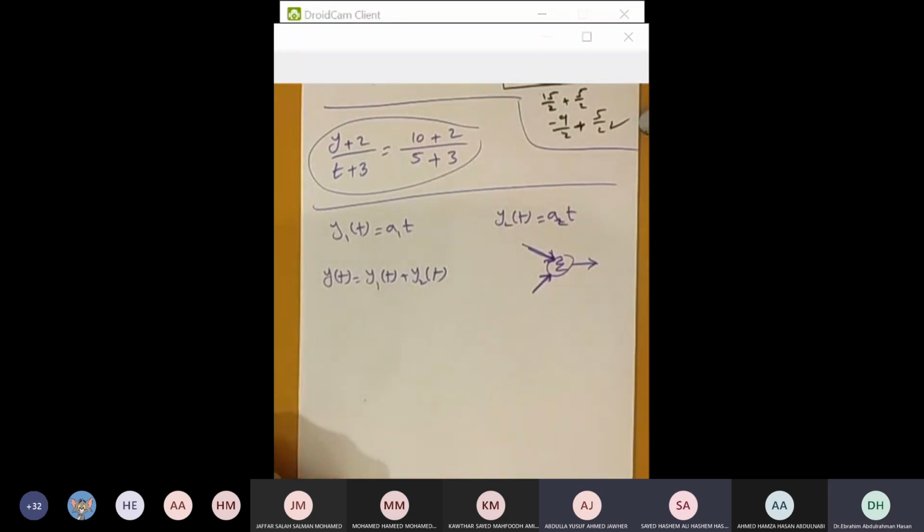But what is the difference? The slope will be the sum. So adding a straight line with a straight line, I will get a straight line, but with a different slope.